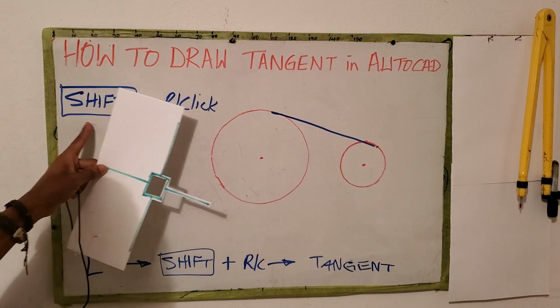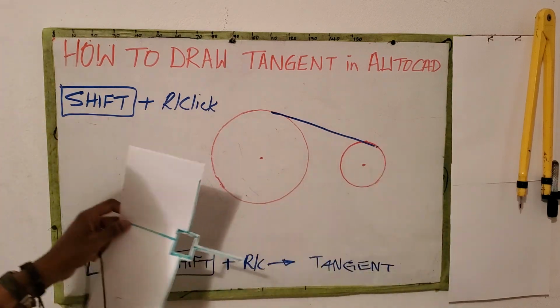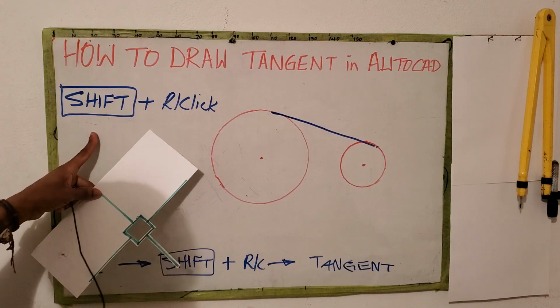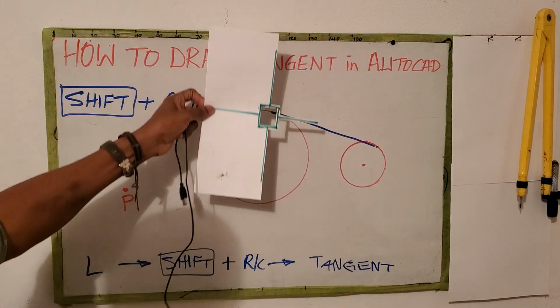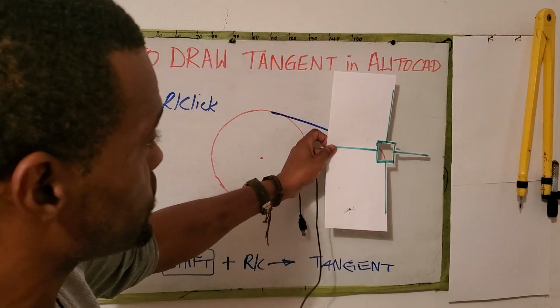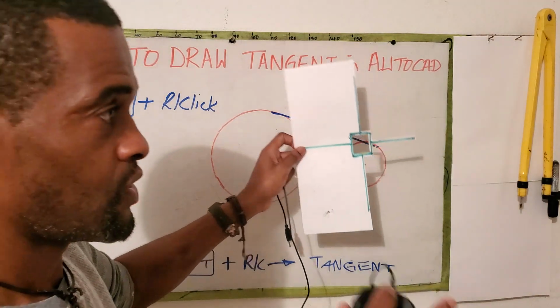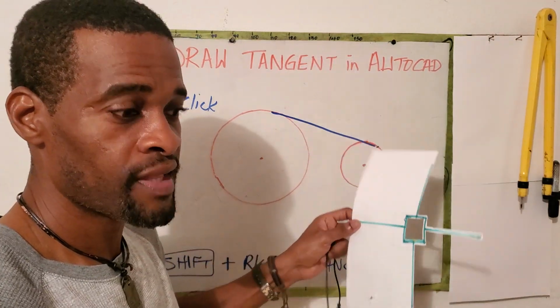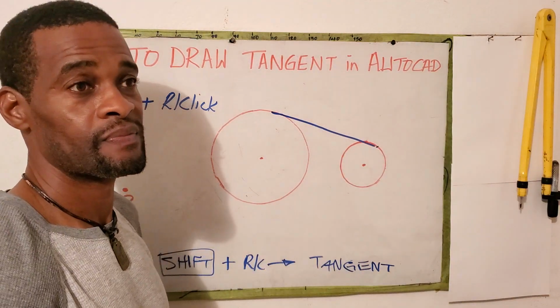Then we need to go through this all again to get the second point. Again, we hold down the shift key, right click on the mouse, go down to tangent, left click, then go across to the circle and left click. Once you have done that, the tangent will be formed automatically.